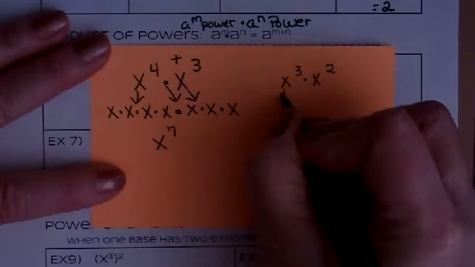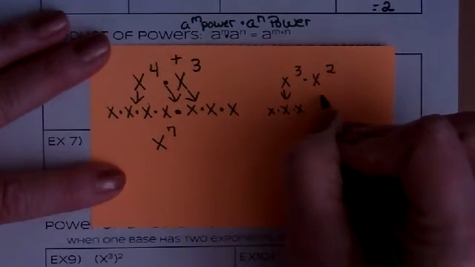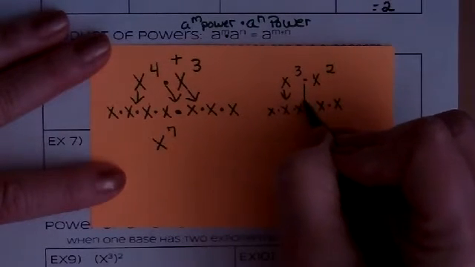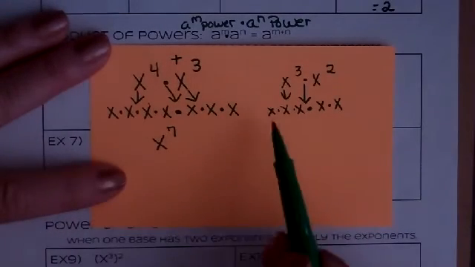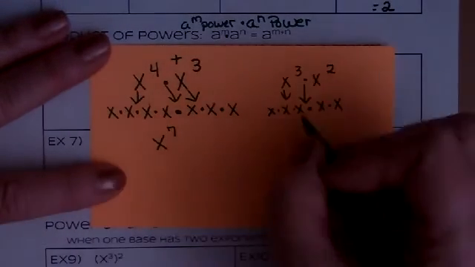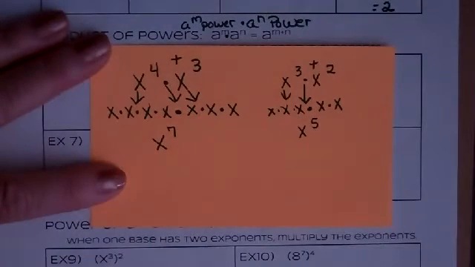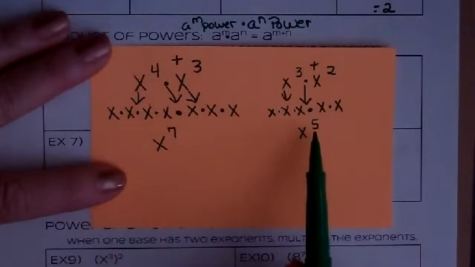X to the third is x times x times x. X to the second is x times x. But what am I going to bring right down here in between them? Another multiply. Well, how many do I have? 1, 2, 3, 4, 5. X to the fifth. Well, bless. What's 3 plus 2? 5. X to the third times x to the second is x to the fifth.